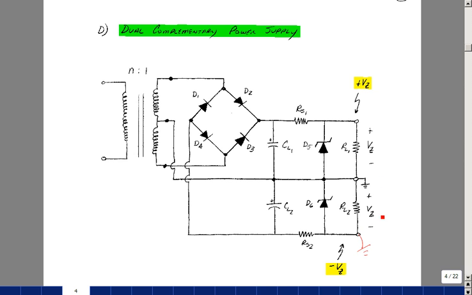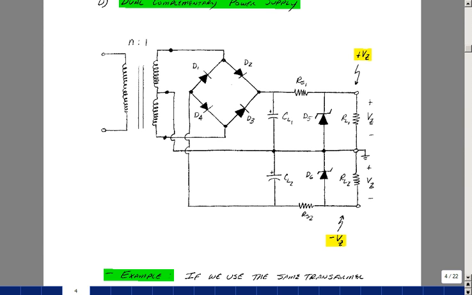We had an output voltage that was fairly constant and then a ripple that's over here. If we double everything, put two Zeners, two capacitors, think of the load as being in two pieces, and really two series resistances, but now move the ground over here, we wind up getting, when the current flows through the Zener like it was through the load, a positive voltage here and a positive voltage here.